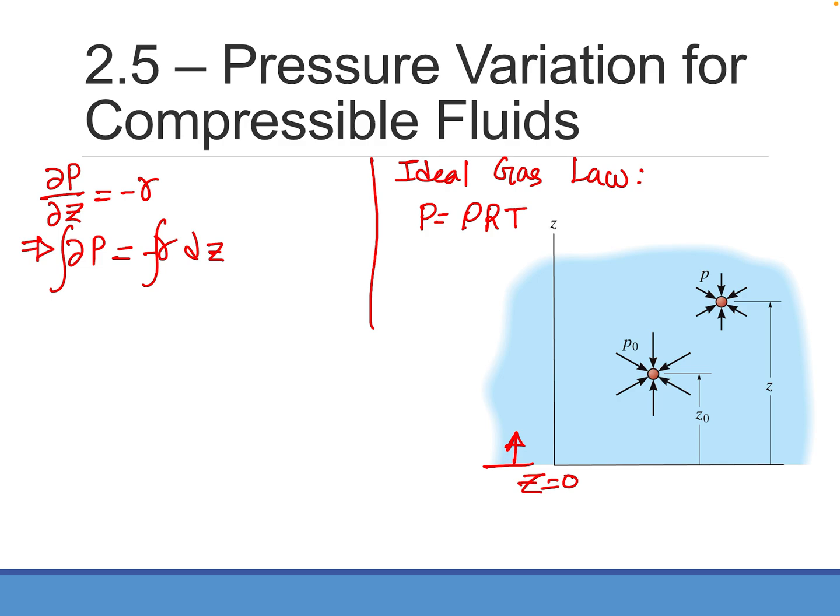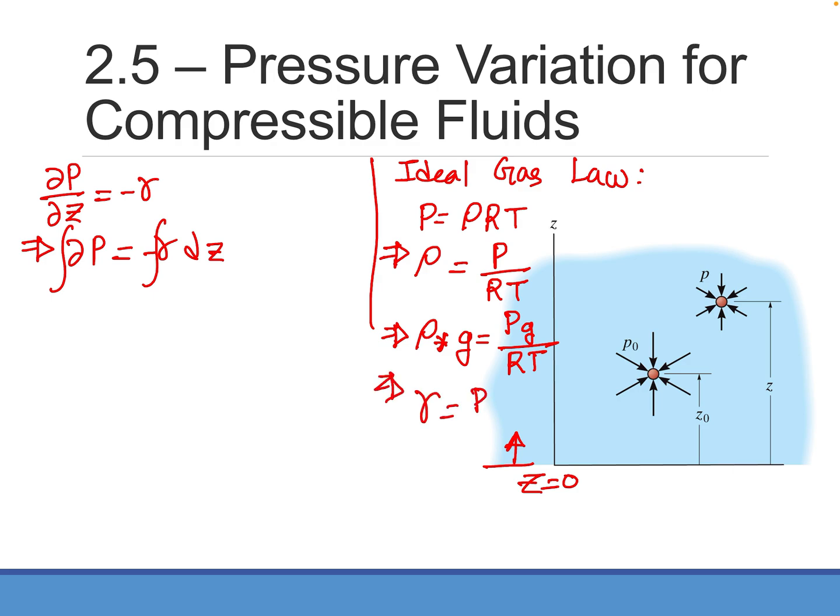Now here we are using gamma and the equation is in density. So at first we can find the expression for gamma in terms of density, and we know gamma equals rho times g. So gamma equals P g over R T.